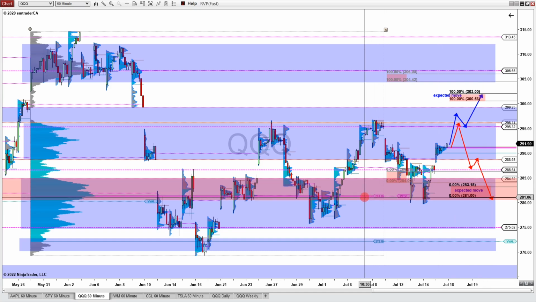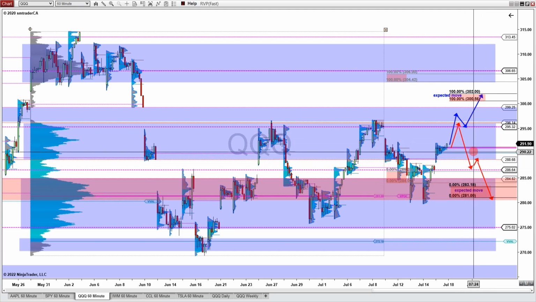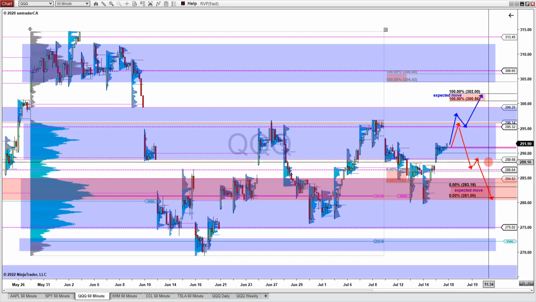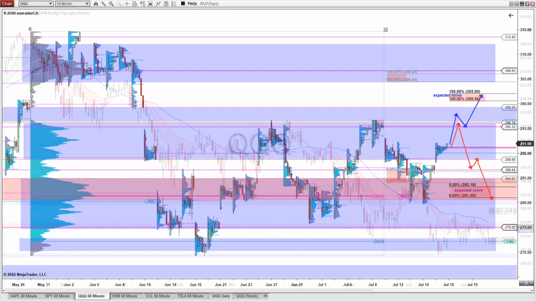And once again, also in confluence with this 281 composite profile point of control here. So look for this zone to be in play if it starts moving back below this high volume zone here. So those are the level and the scenario that I will be watching for the QQQ in the coming week.